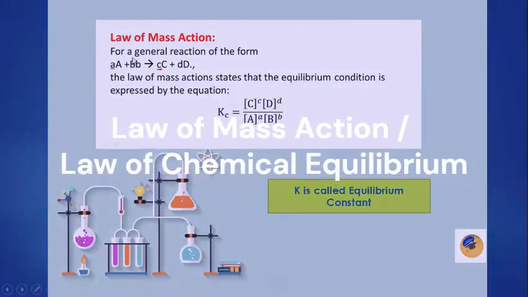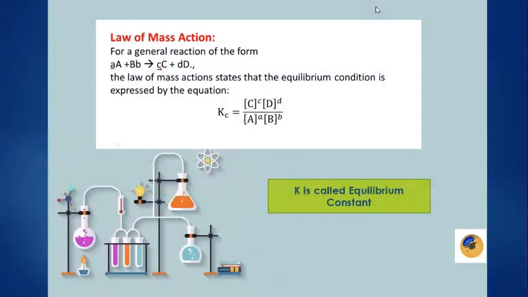Now we're going to talk about the law of mass action for a general reaction of the form aA + bB ⇌ cC + dD. The small letters represent the stoichiometric coefficients. That is, when we balance an equation, there might be some numbers preceding the compound or the element.